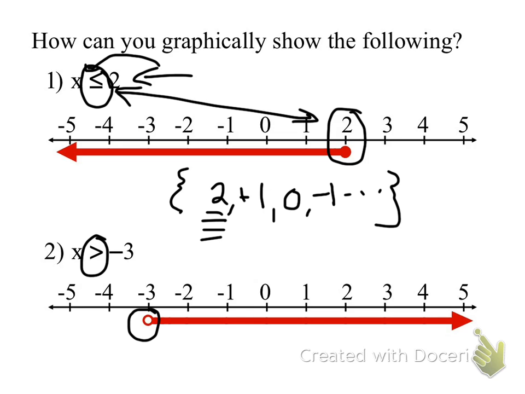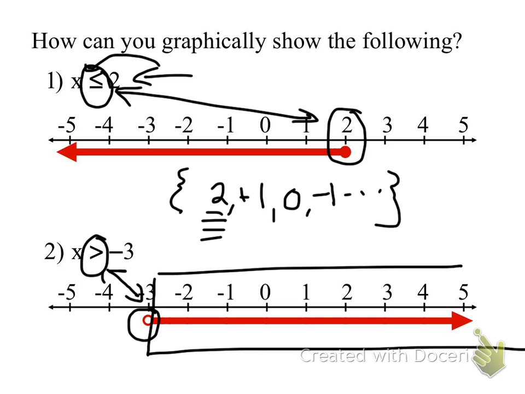Okay. This one doesn't have that line. So it doesn't include 3. All the numbers in the number set are after 3. So what's the next number next to 3? -3. -2, -1, but not -3.